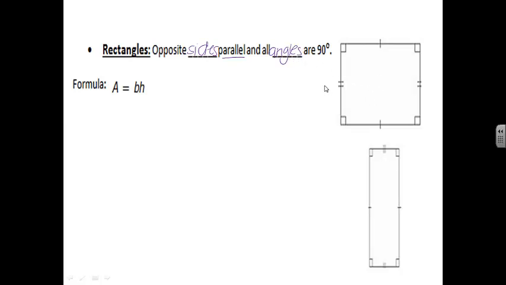There aren't any units on it, but let's make this a 6 by 4 centimeter, and let's make this a 2 by 10 centimeter. Now, rectangles and squares have the same formula. You just find the right angle.